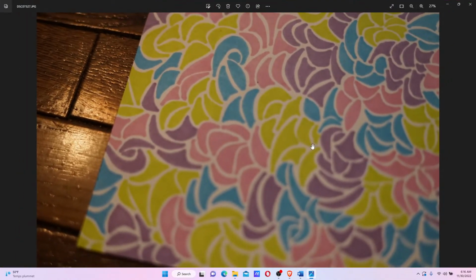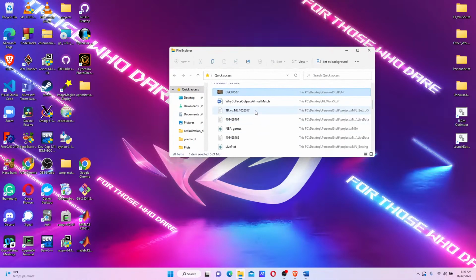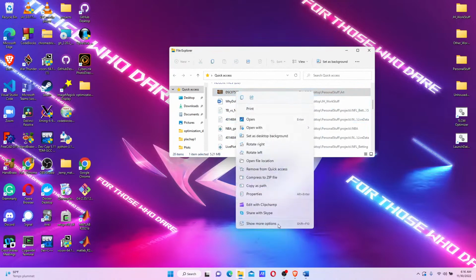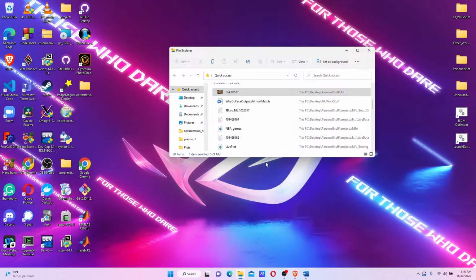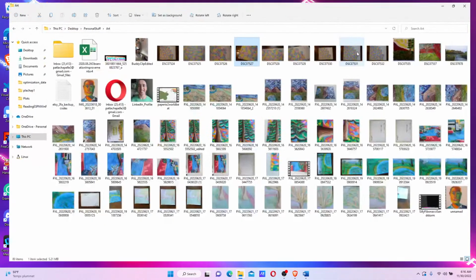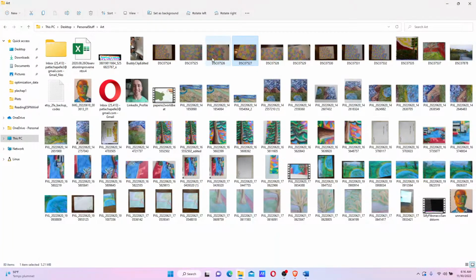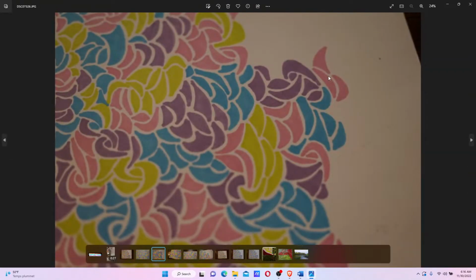First things first, I have this style of art. That picture's not very clear. We'll see if there's a clearer one. Maybe this one. Nice.